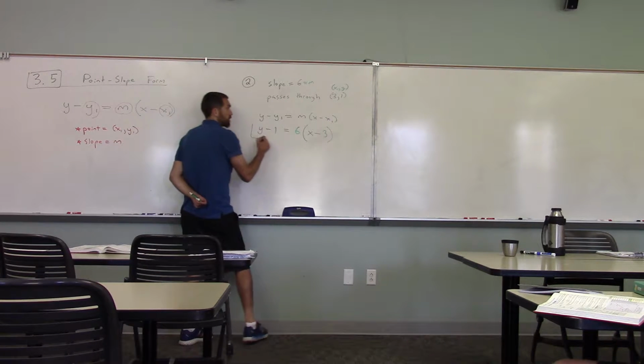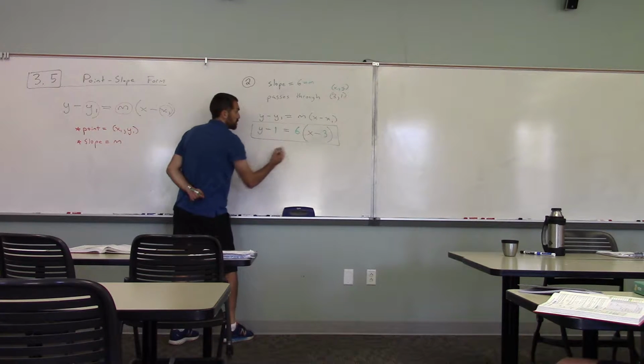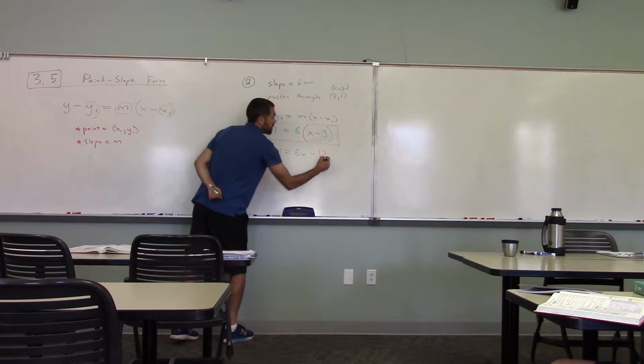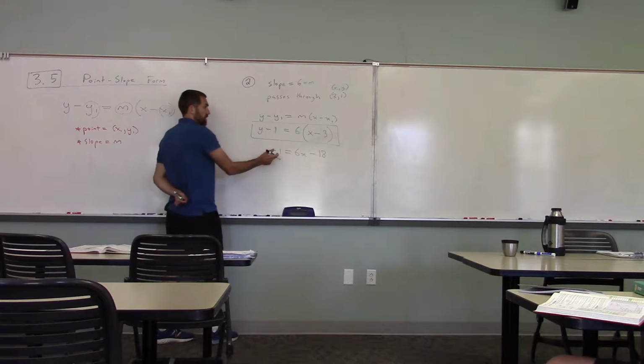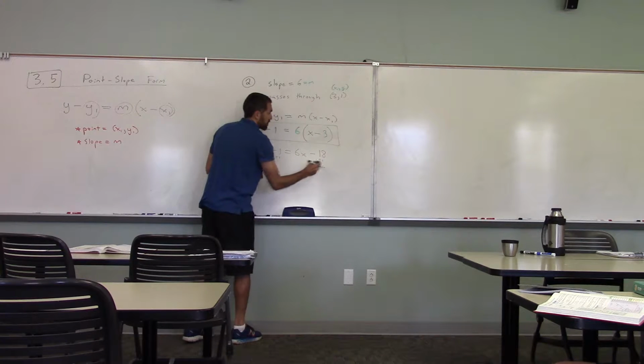So here's our first part of the answer. Second part of the answer, let's distribute. This is the same thing as this. Then let's get y equals, and to get y equals, all we got to do is get rid of this plus 1 and we're done. So plus 1, plus 1.